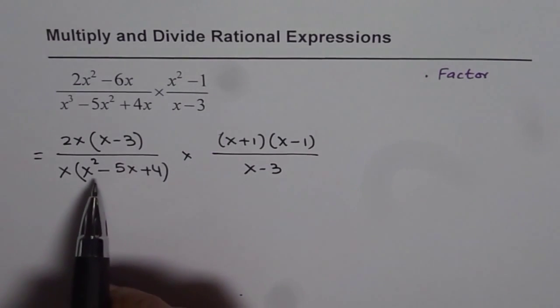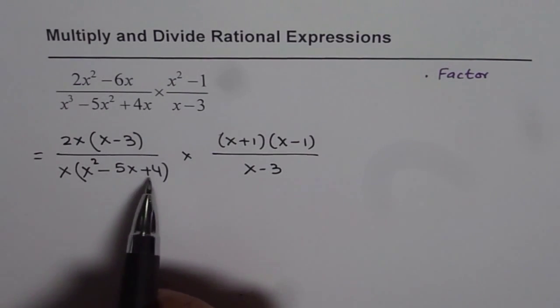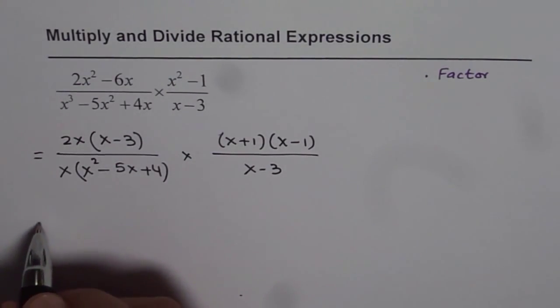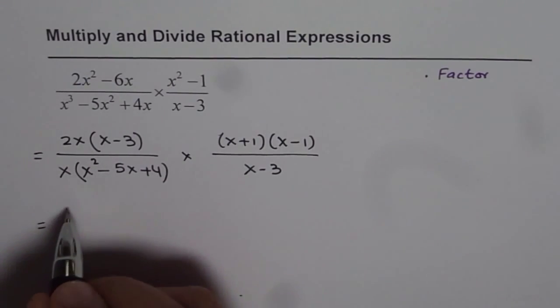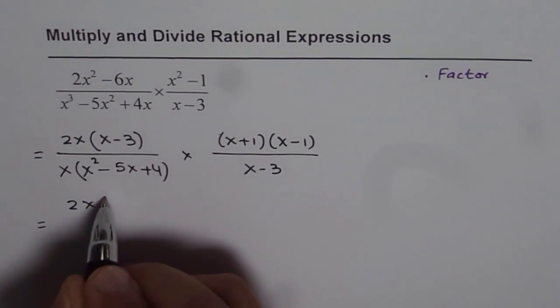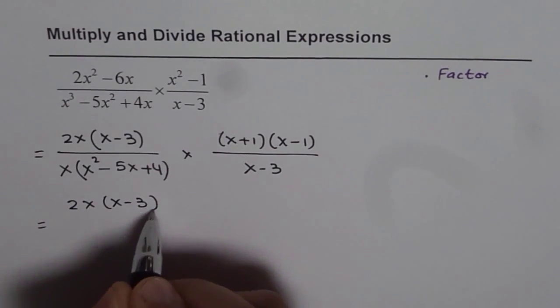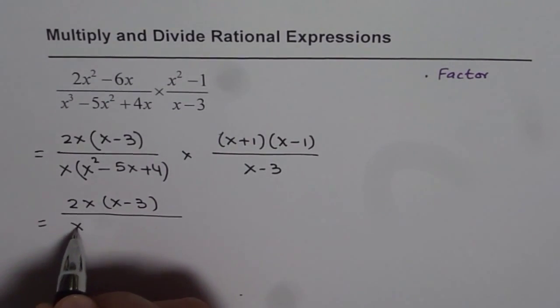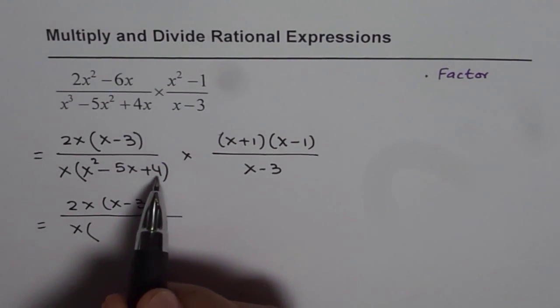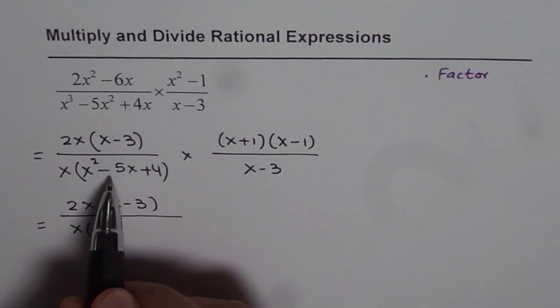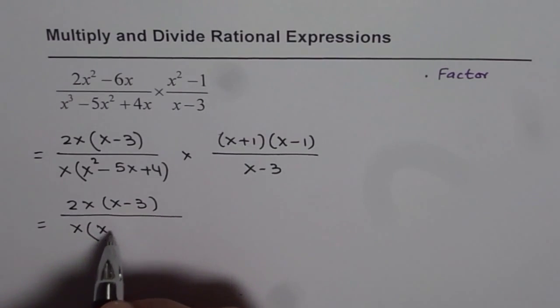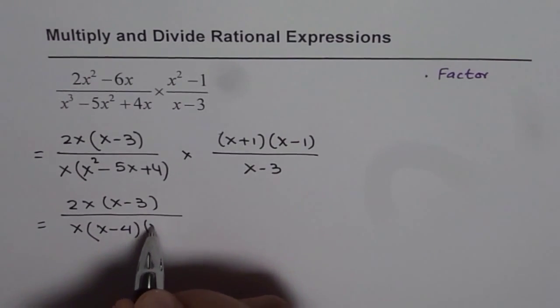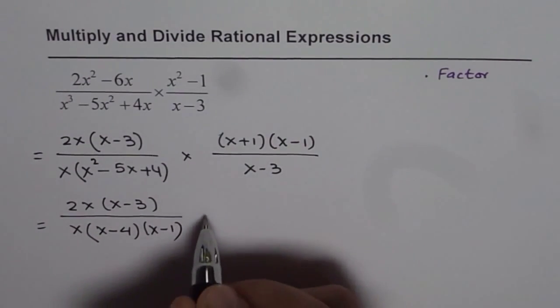Now as you see, this is a quadratic expression which can further be factored. So let's factor that also and then simplify. So we have 2x times x minus 3 in the numerator. Denominator is x times product of 4 and sum of minus 5. That means minus 4 and minus 1, right? x minus 4 times x minus 1.